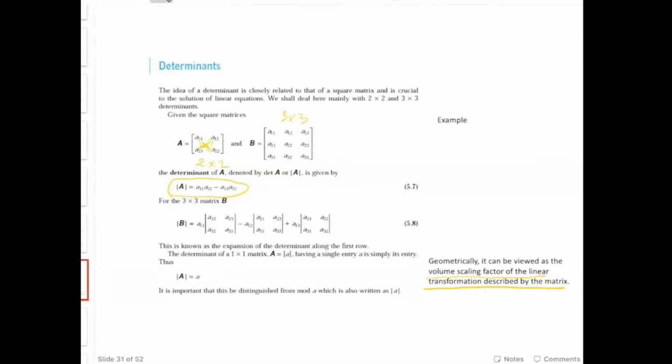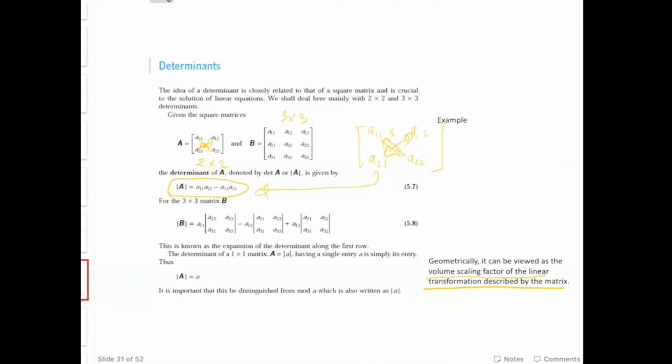So if you have A11, A21, A12, A22, the determinant is multiplication this way minus multiplication this way. So instead of remembering the formula, if you remember how to multiply this way minus multiplication the other way, then what you get is what is given here.